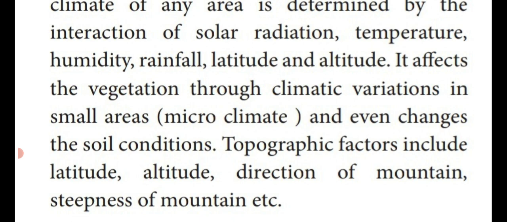That means a small area is known as microclimatic condition. And even they cause changes in the soil condition. The different topographic factors are latitude, altitude, direction of mountain, steepness of mountain. So these are all the different topographic factors we are going to see in the next paragraph.